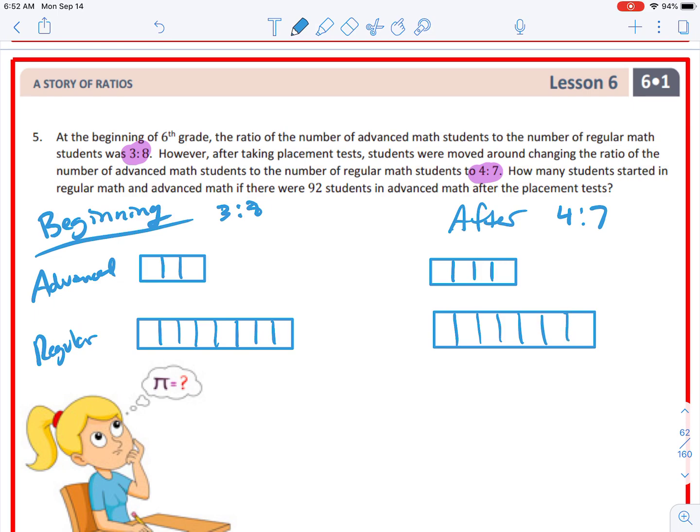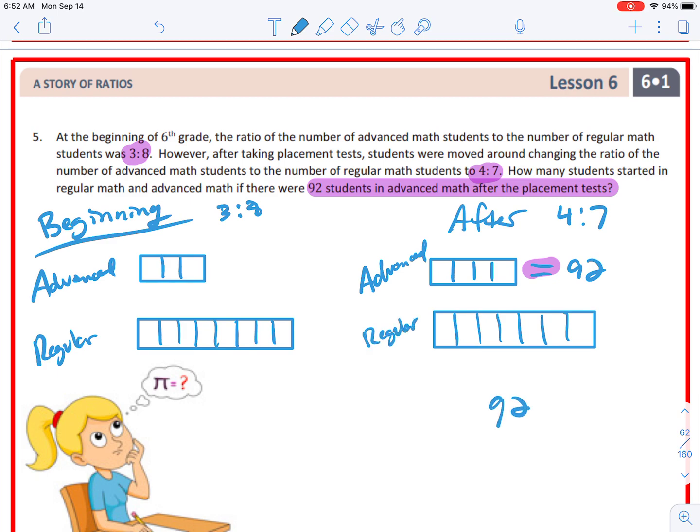So these 4 units have to equal 92, because this was the advanced group, and this was the regular.